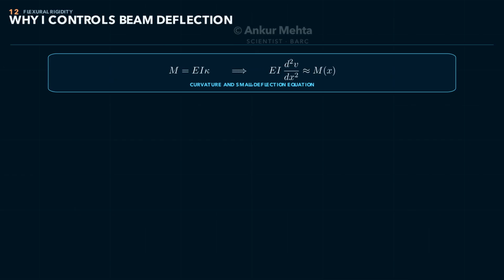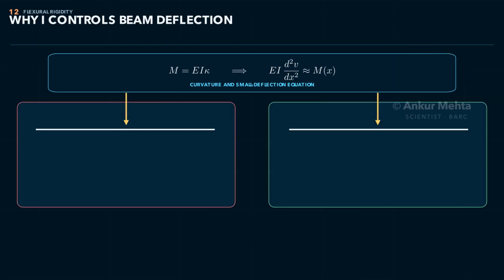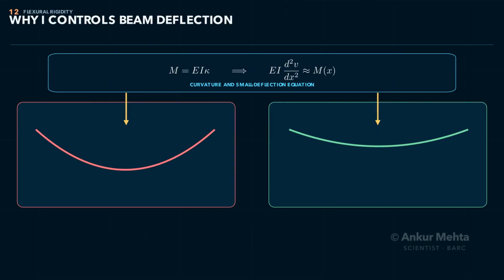Bending resistance combines material and geometry through flexural rigidity, EI. The curvature relation is M equals EI times curvature, and for small deflection it becomes EI times the second derivative of deflection approximately equal to bending moment. E describes how stiff the material is. I describes how effectively the cross-sectional area is arranged.